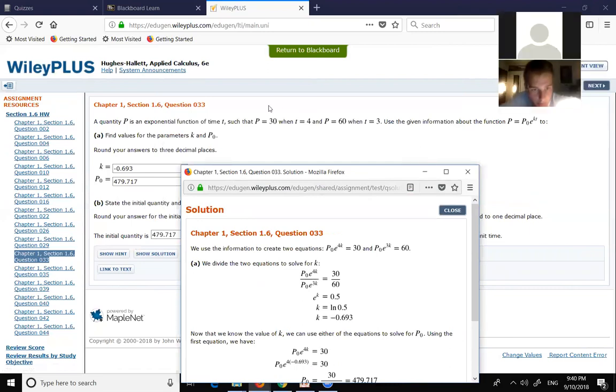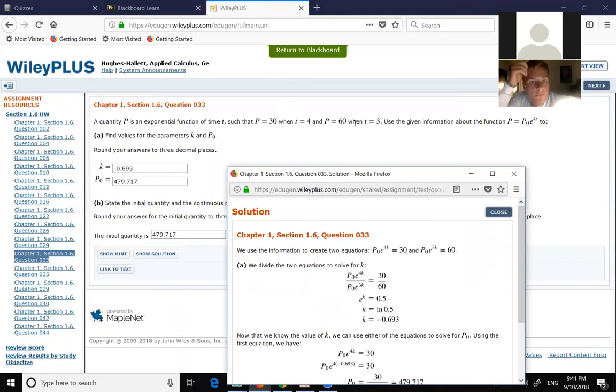Now we are given again an exponential function, P equal P naught e to the kt. In this case, we are given the base e, and k is the continuous growth rate. They give you the value for time t equal 4, P equal 30, and time t equal 3, then P should be 60.